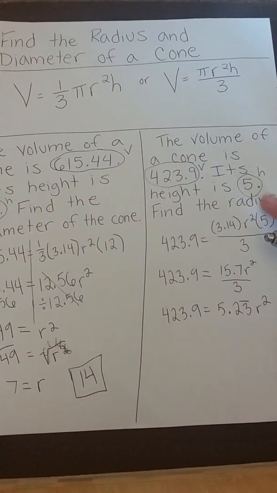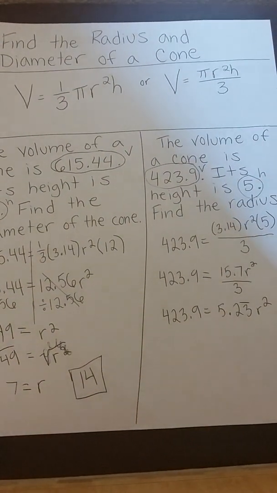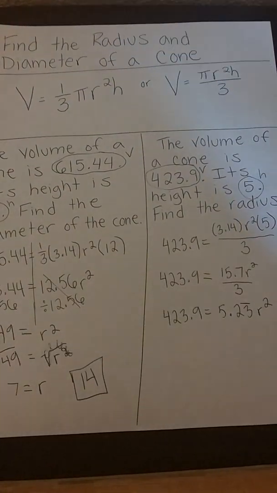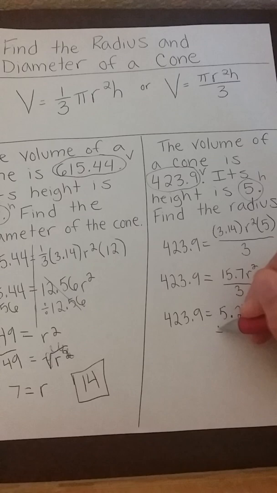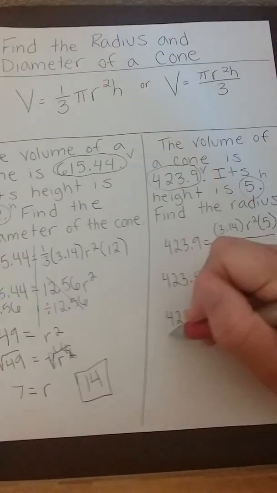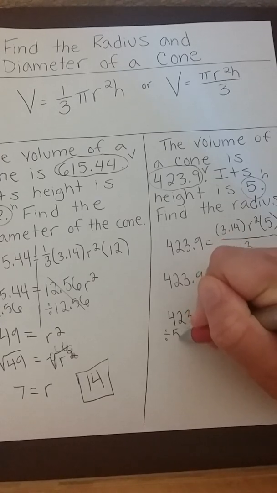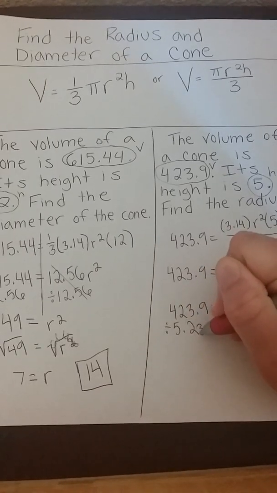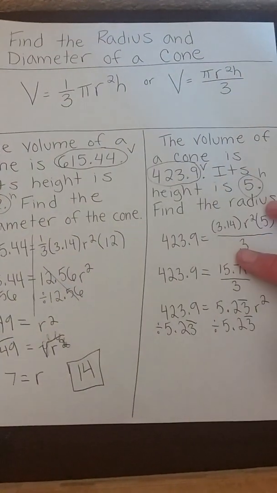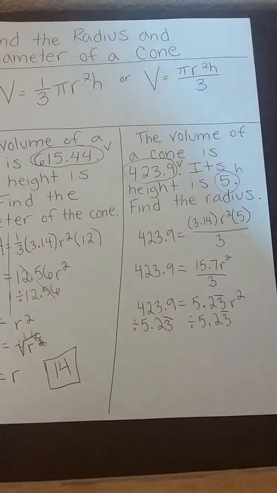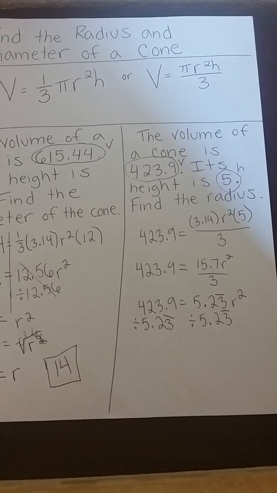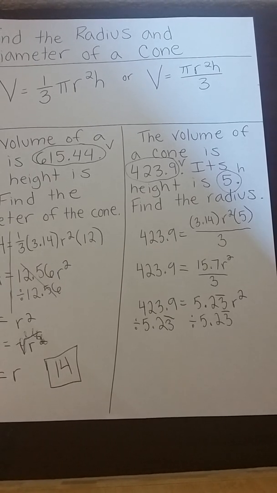And on this next step, you have to repeat that 3 in your calculator. You have to fill up your calculator with 3's. So we're going to divide here by 5.23 repeating. The repeating is important or you won't get the right answer. So I'm going to do 423.9 divided by 5.23 repeating, and I'm going to repeat that 3 in my calculator.